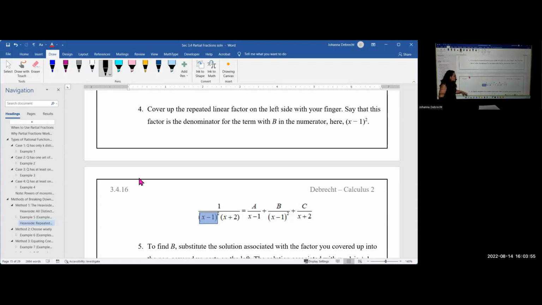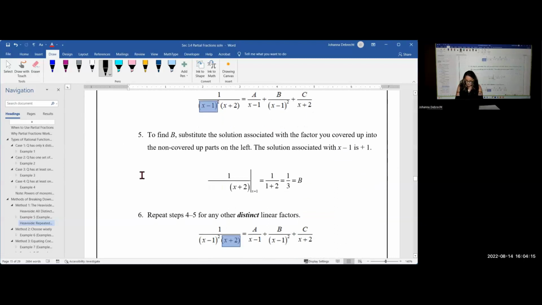So we cover this up, and then we repeat the process that we did before. We're going to substitute the solution to that factor of x minus 1, which setting equal to 0 would give us a solution of 1. We're going to plug that into what's left, and that will give us the value of b. So when we do this process, after covering up the x minus 1 quantity squared, we're left with 1 over x plus 2. We substitute the solution to the missing factor, 1, and that gives us that b is 1/3.